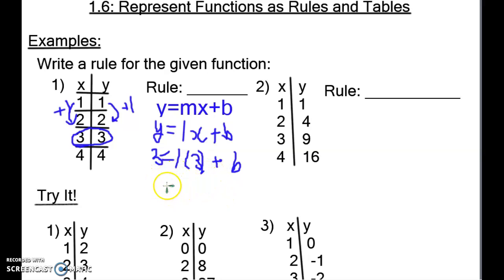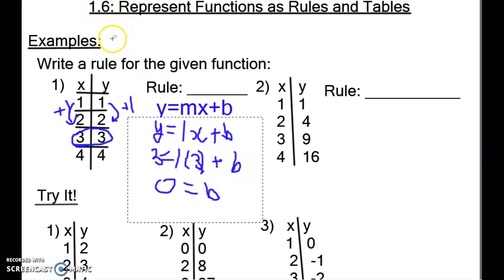So 3 equals 3, you subtract both sides by 3, you get 0 is equal to b. Now we know that b equals 0, which means that there is no y-intercept for this equation. So your final equation would be y equals x. That would be your answer.